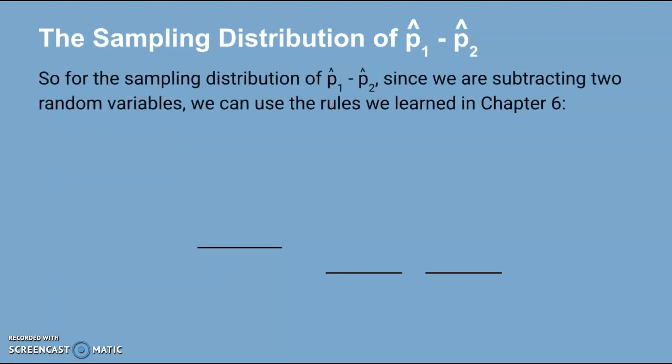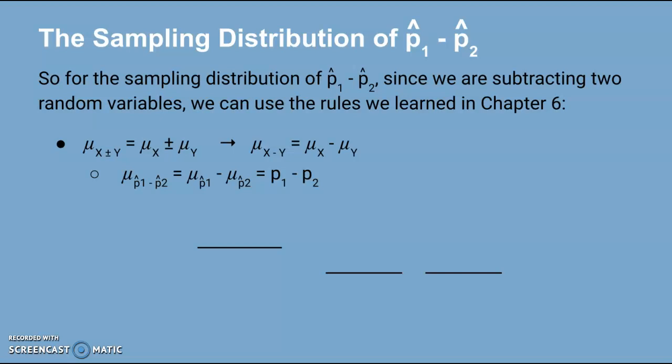Now, the sampling distribution for the difference is how we're combining them. We are subtracting two random variables. So we're going to use the same rules we learned back in chapter 6. If we would like the mean of the sum or difference, it's the same as the sum of the means or the difference of the means.